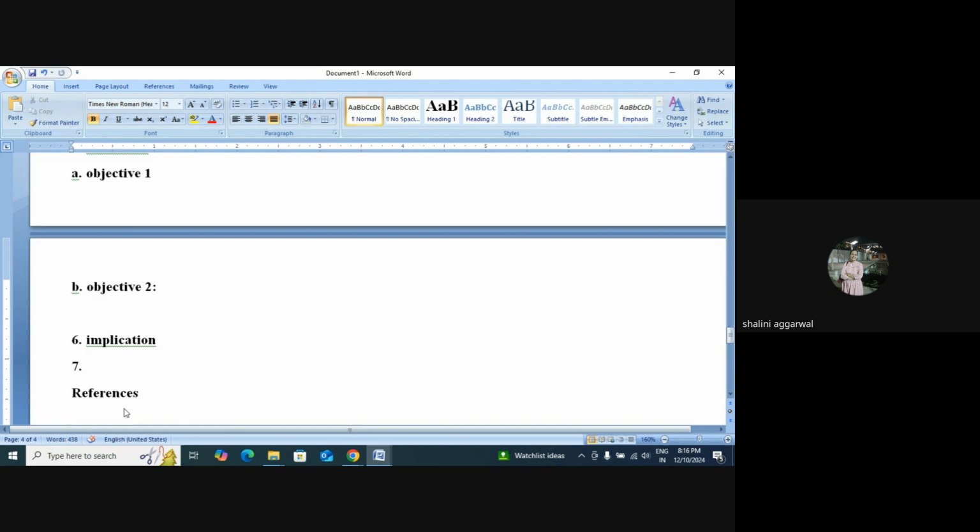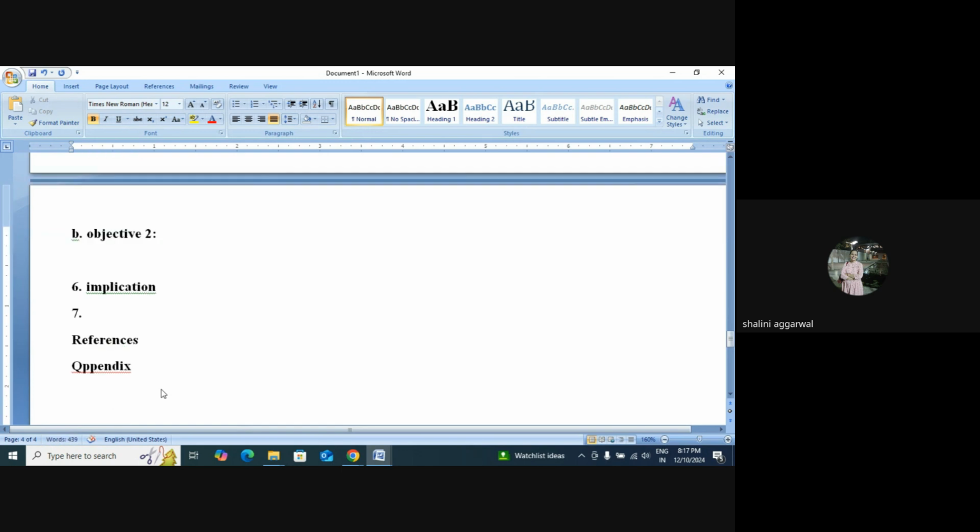References are not numbered. When you write the references, you do not give numbering to it. Numbering means you will not write 8 point something to it. It is just like this: references. And in the last comes your appendix.